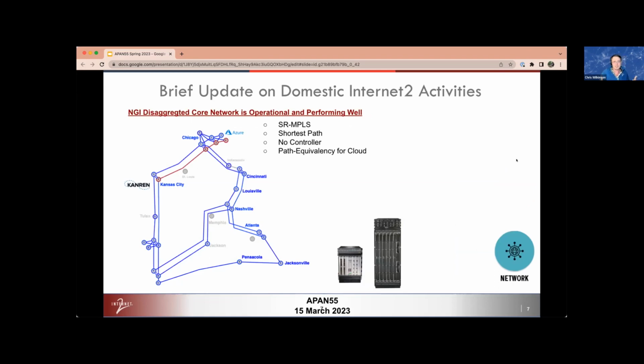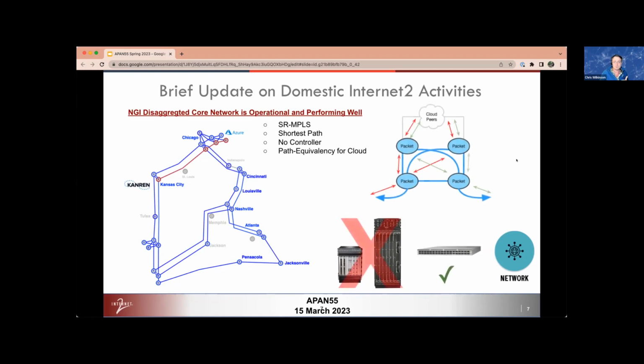It's a disaggregated system. These are not monolithic core routers anymore. They are disaggregated devices, meaning that there are 2 small devices, 1U, in even most major cities. Some major cities have 4 if they're cloud peering cities, for example, in this case, Chicago. Now Chicago has 3 different sites, so there's even more. But in the case of a single site, there can be up to 4 routers performing a service.